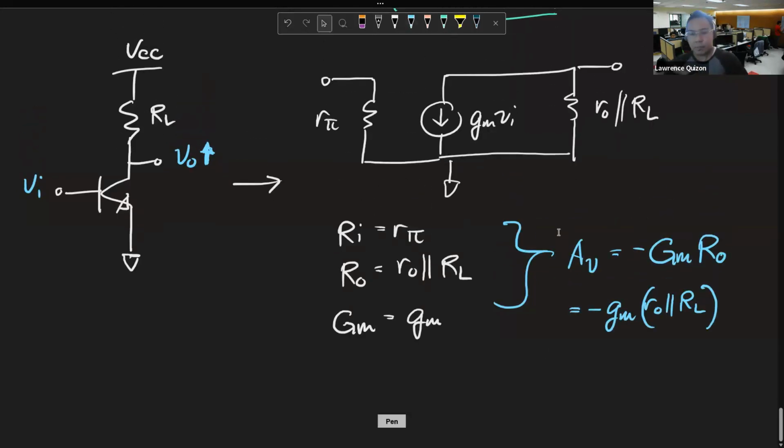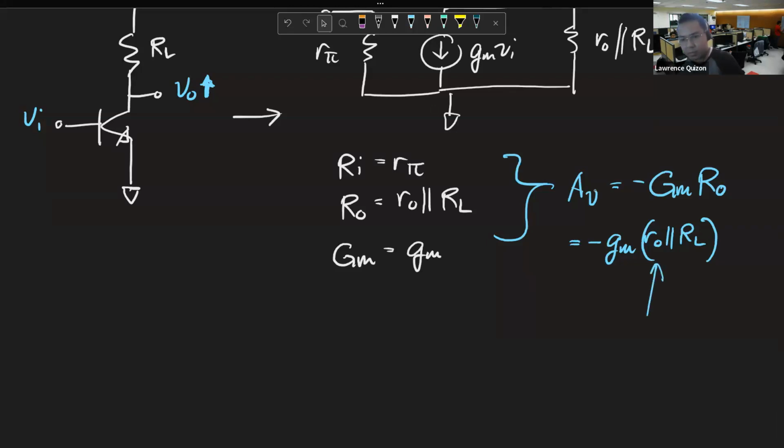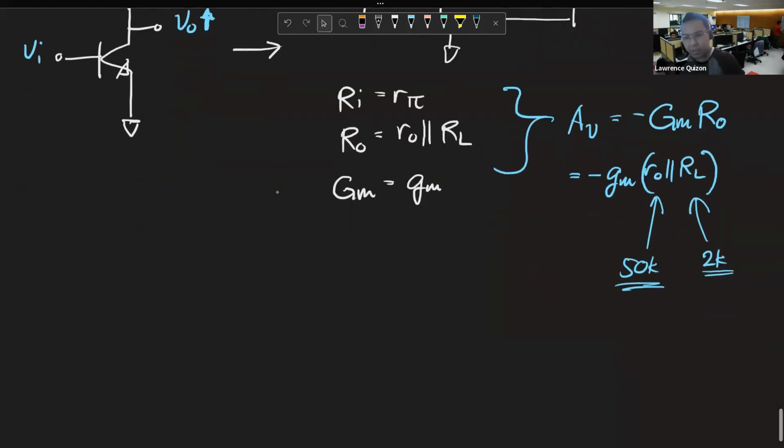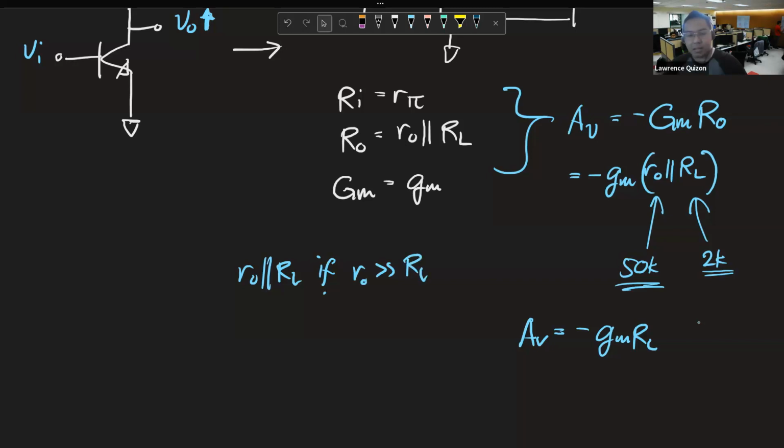And okay, so another simplification is we could argue that R out is typically on the order of 50K. RL is typically on the order of like 2K. Example values. But let's say, for example, RL was 2K. Then R out parallel RL would be basically 2K. So if R out is much bigger than RL, it means that RL wins.